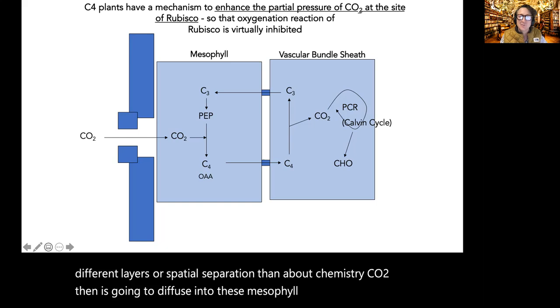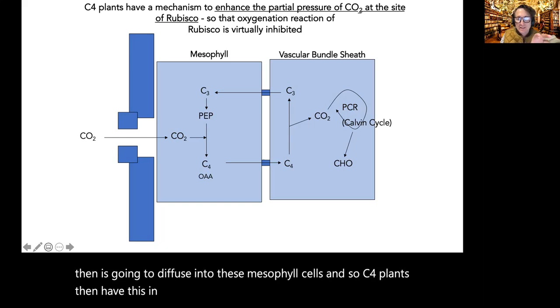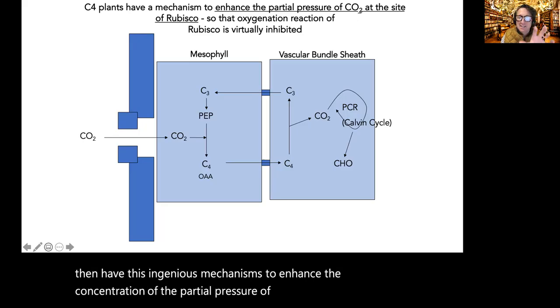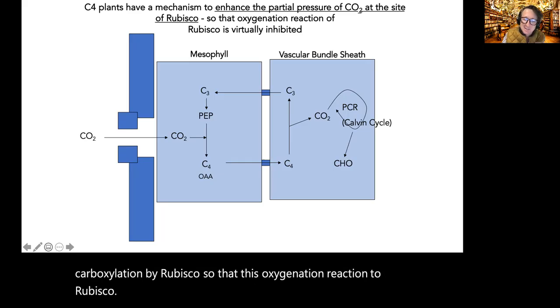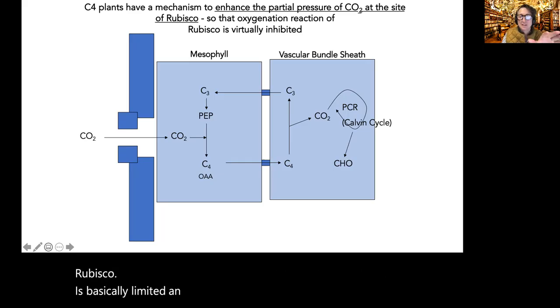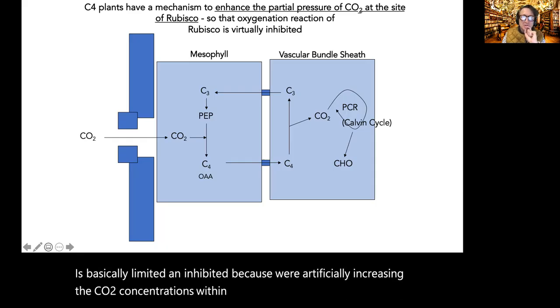And so C4 plants have this ingenious mechanism to enhance the concentration, or the partial pressure, of CO2 at the site of carboxylation by Rubisco. So that the oxygenation reaction of Rubisco is basically limited and inhibited, because we're artificially increasing the CO2 concentrations within the vascular bundle sheath cells.